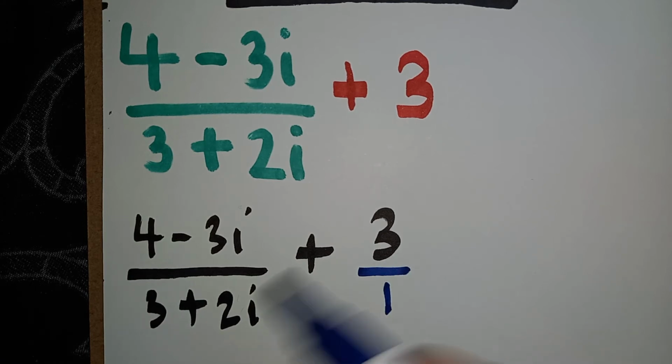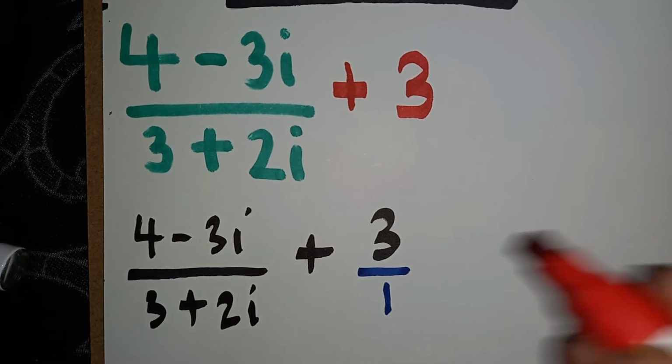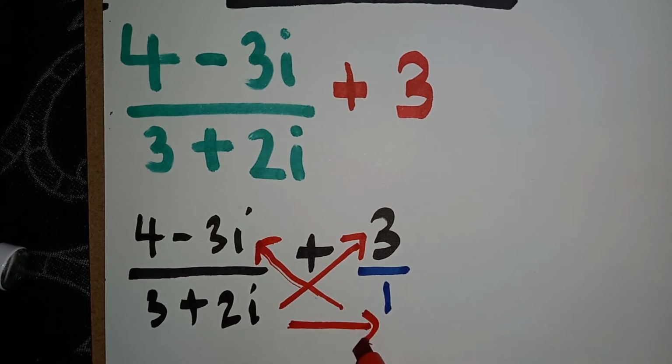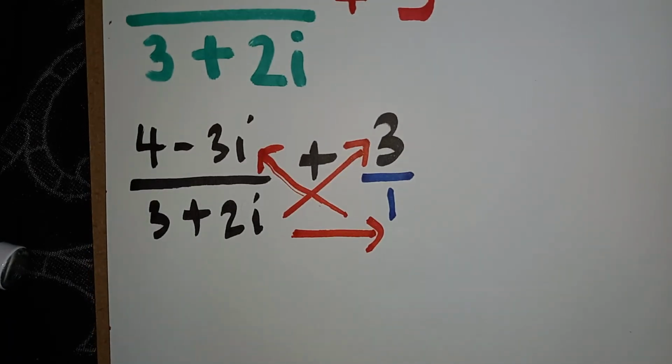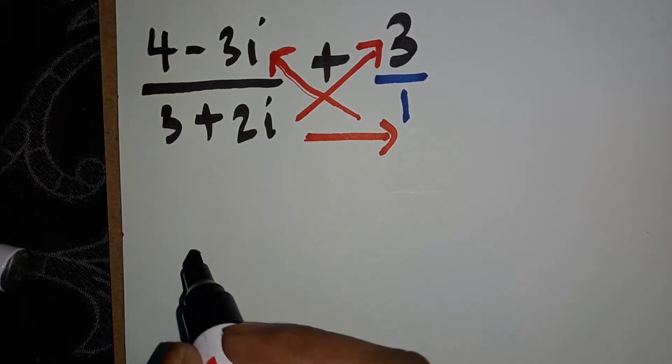Now when you have two fractions with different denominators, you should know from basic algebra, if you have an addition or subtraction sign in between, then you have to make the denominator the same. So I'm going to make the denominator the same here. I will cross multiply, and I'm going to multiply the denominators. Now I will have a common denominator.